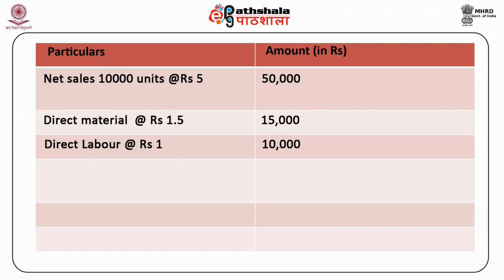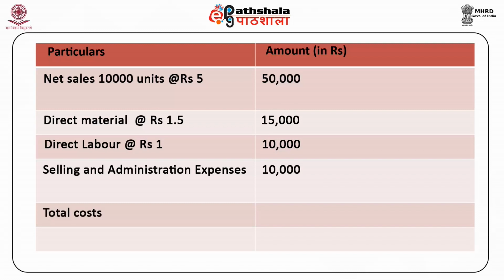Factory overheads are Rs 10,000. Selling and administration expenses are also Rs 10,000. Thus, the total costs come out to be Rs 45,000 and the net profit comes out to be Rs 5,000.